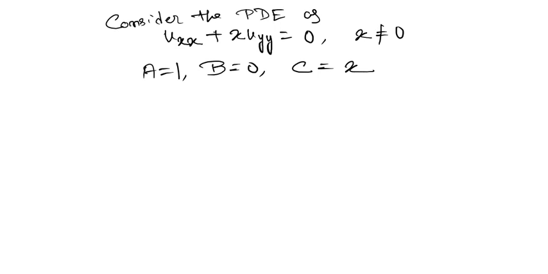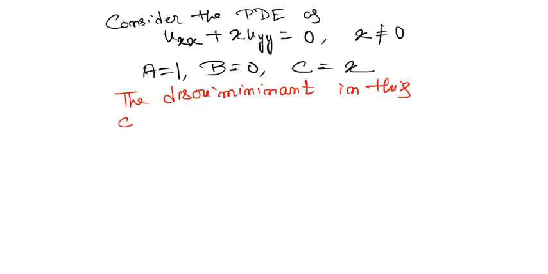So let me take another color. The discriminant in this case is capital D equal to b square minus 4ac.